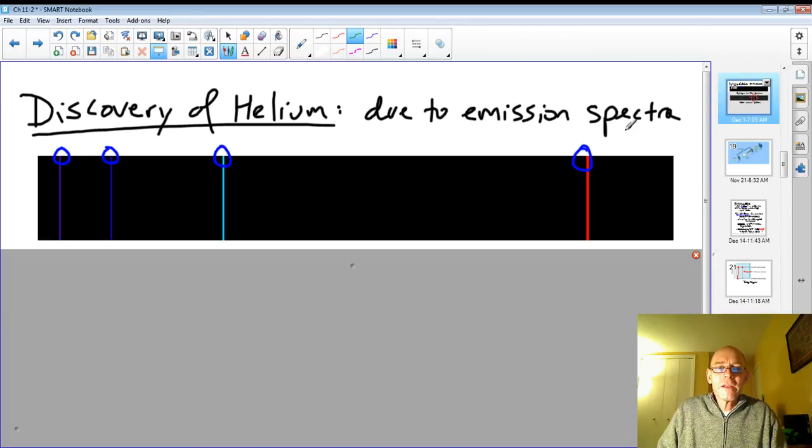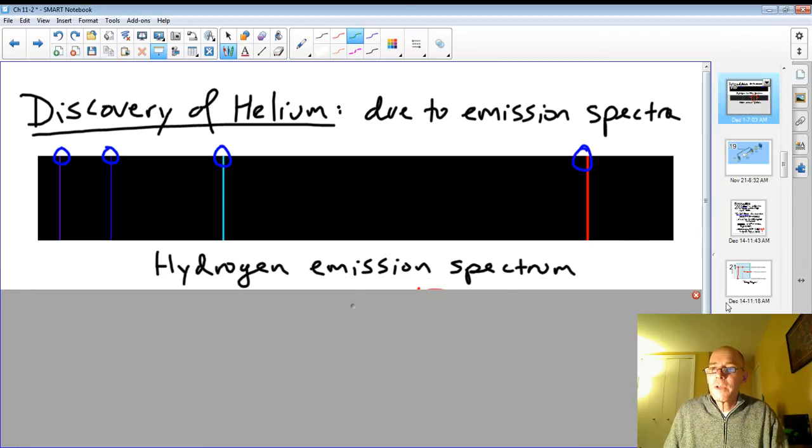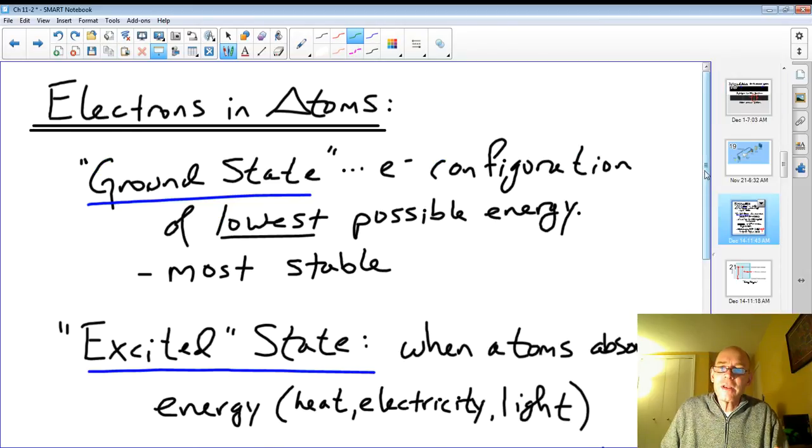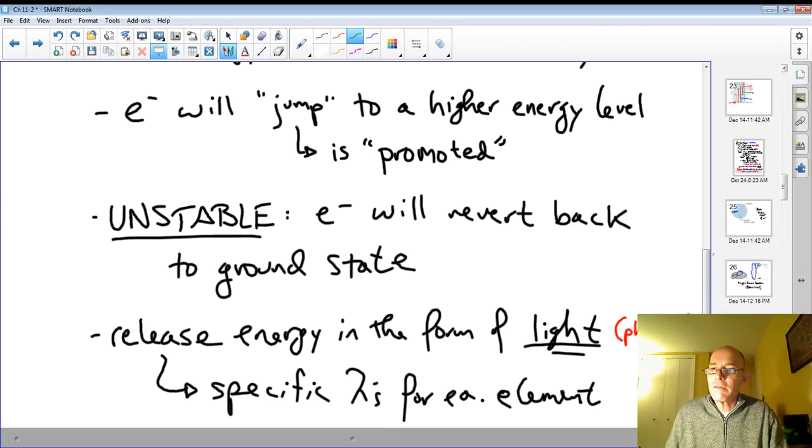And he was able to predict using those mathematics these spectra from hydrogen. This is, by the way, hydrogen's spectrum, perfectly. So it was a huge success in the very beginning of the quantum description of atoms.